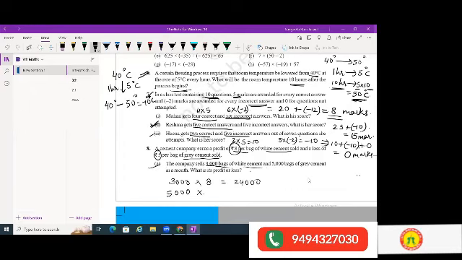The loss on selling one bag of grey cement is minus rupees 5 per bag. So the loss on selling 5,000 bags of grey cement will be 5,000 into -5, that is -25,000.